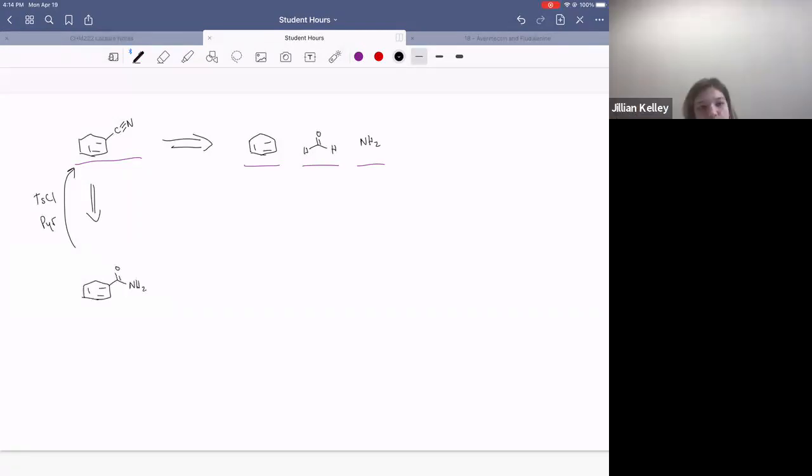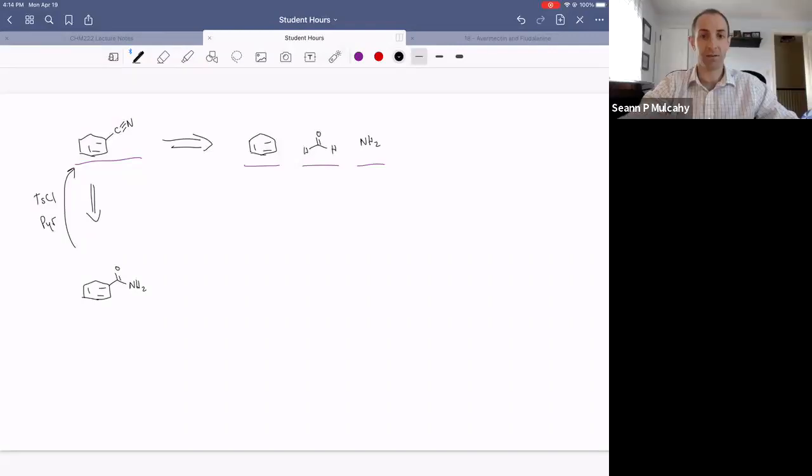Okay, that's pretty good. We can do a dehydration of that primary amide to give us that nitrile. Now, how could we make this primary amide? What would we do? We probably want to react ammonia somehow. How would we do that? What would our starting material be?